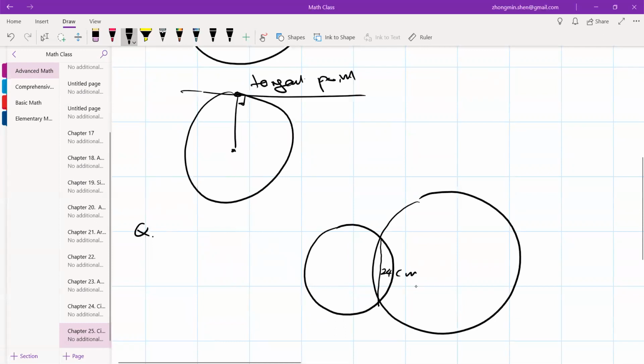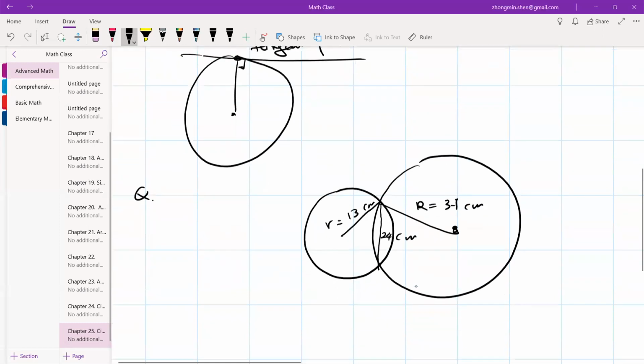We also know that the radius of the smaller circle is 13 cm, and the radius of the larger circle is 37 centimeters. I want to find the distance between the two centers.